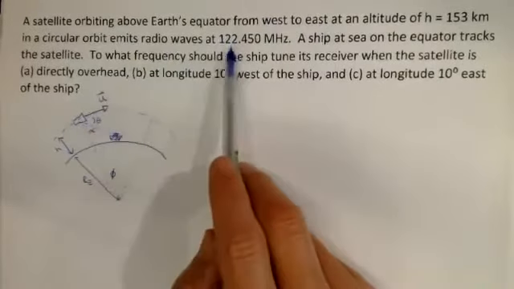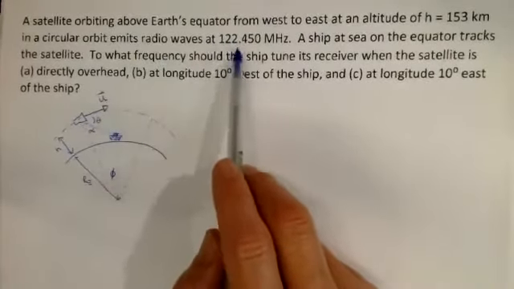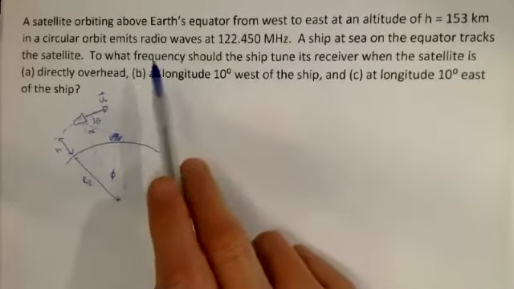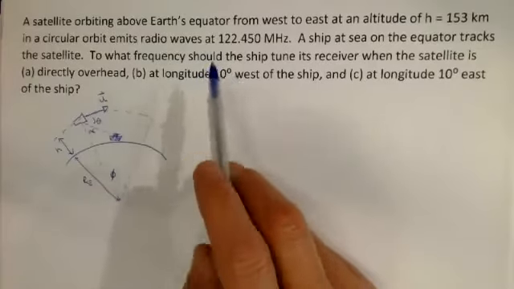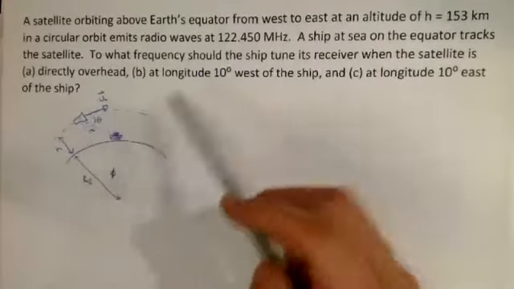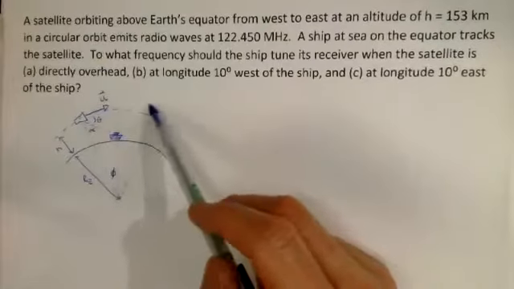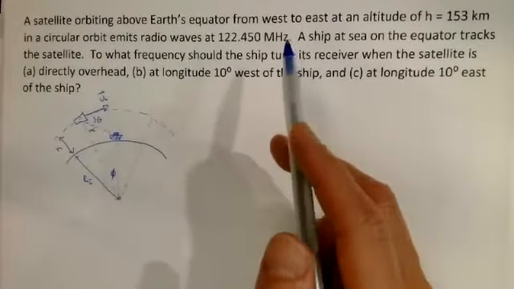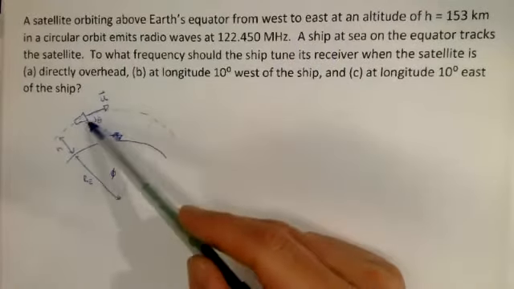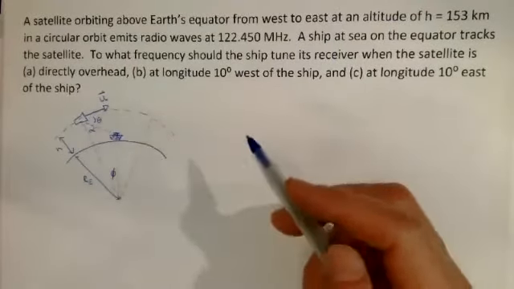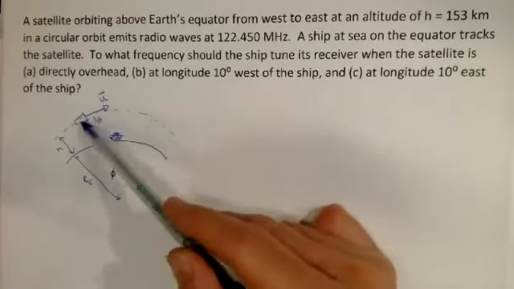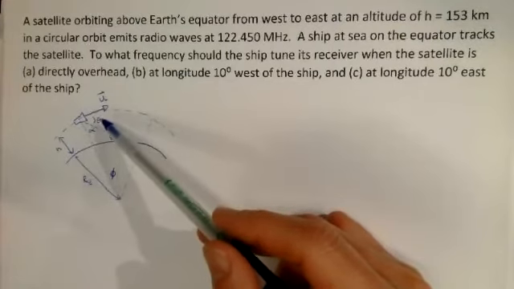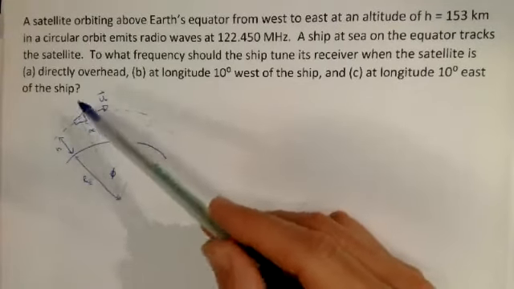The satellite is broadcasting radio waves of frequency 122.450 megahertz. If the satellite is 153 kilometers above the surface of the Earth, if the ship wants to tune into the frequency broadcast by the satellite, let's examine where they should tune their radio to in 3 cases.